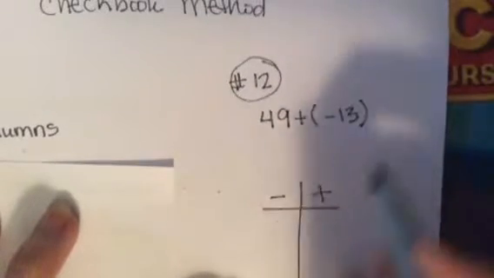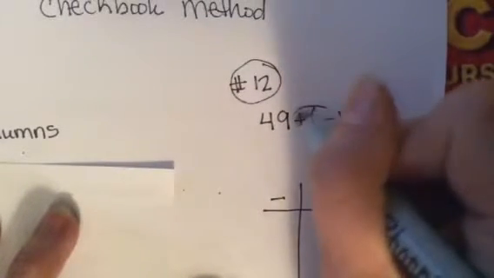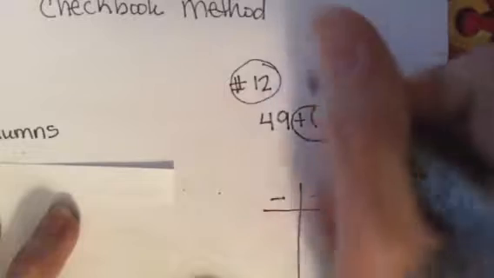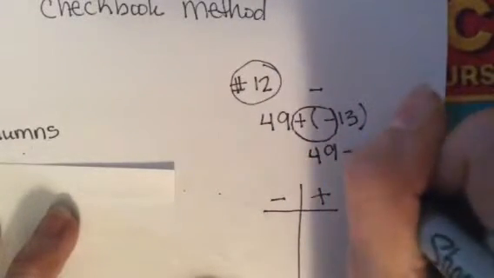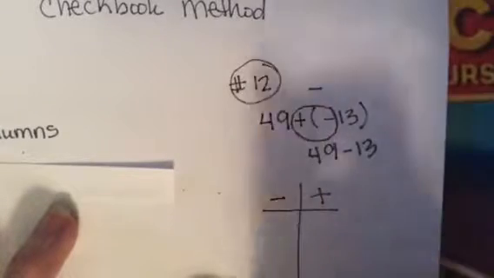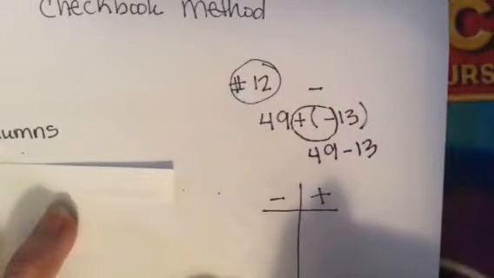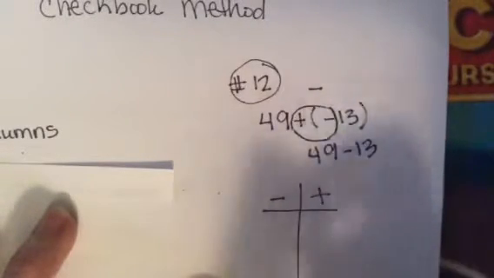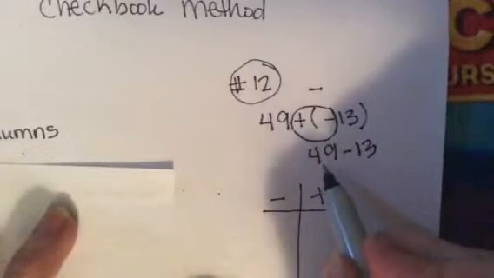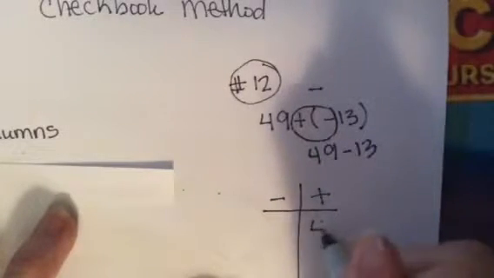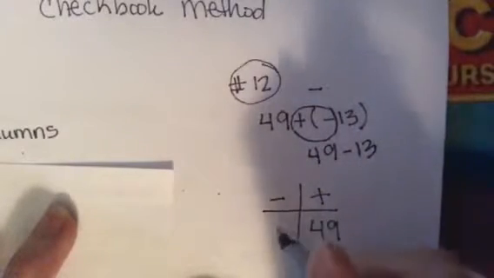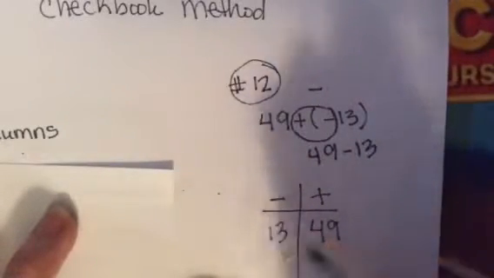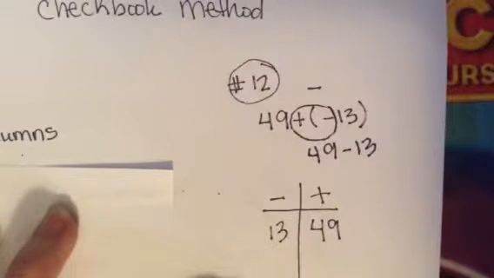Before we put it in, I want to change my signs. So now I have 49 minus 13, like that. Okay. And then from here, you can put the 49, it's a positive number, and minus 13, I put it in that column, and those are put in the correct columns.